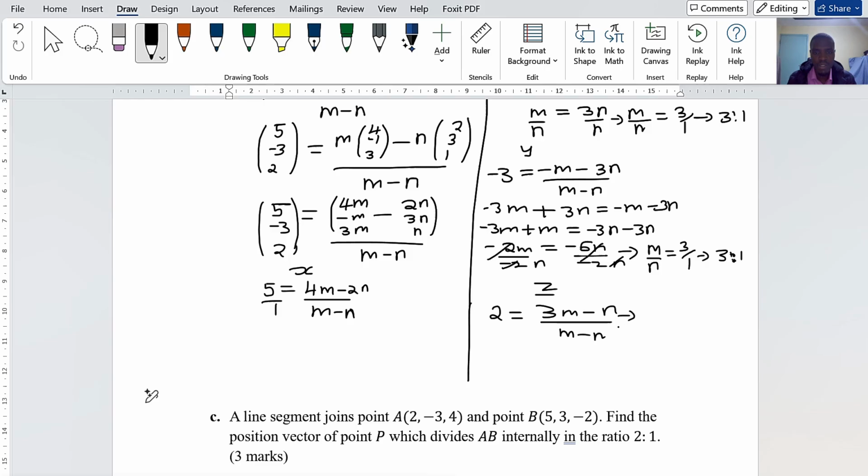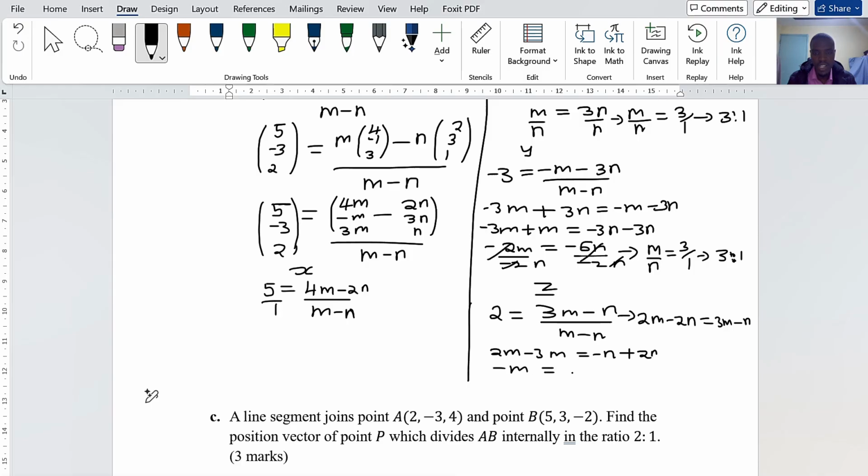So if you cross multiply, 2 times m is 2m minus 2n equals 3m minus n. When you do your maths, you'll have 2m minus 3m equals negative n plus 2n. Now on this side, we'll have negative m.